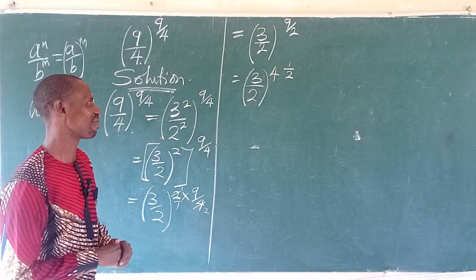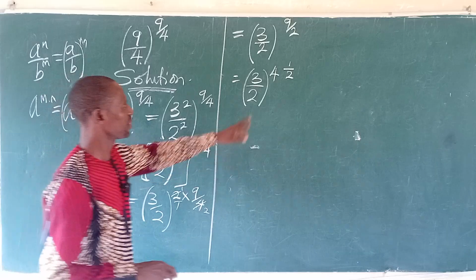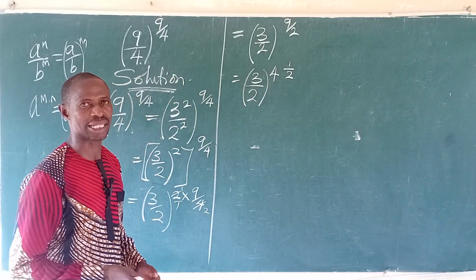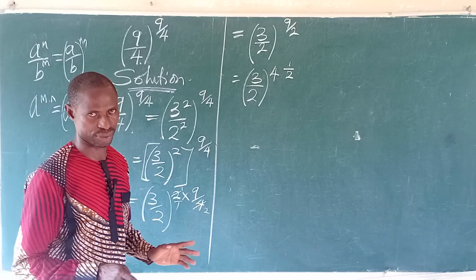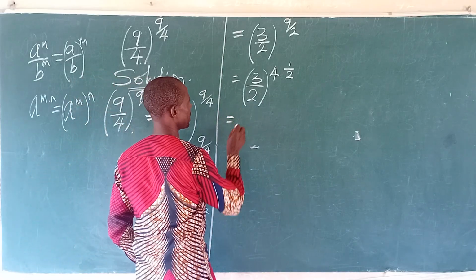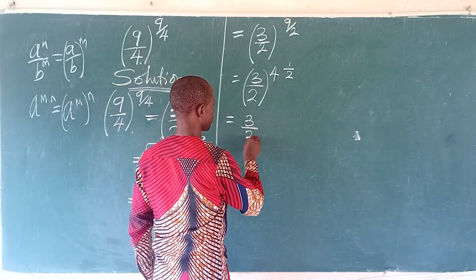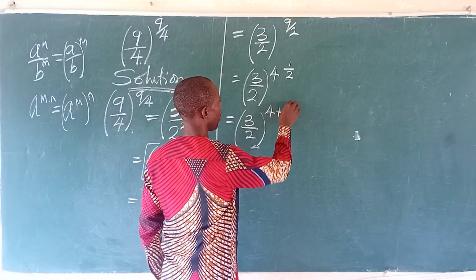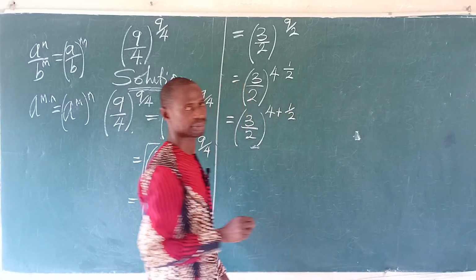Simple, right? Good. So the 4 whole number 1/2 can be written as 4 plus 1/2. So we rewrite this to give us (3/2) all raised to the power of 4 plus 1/2.